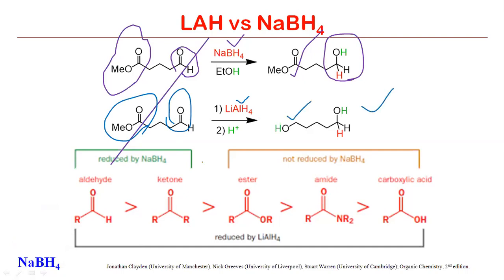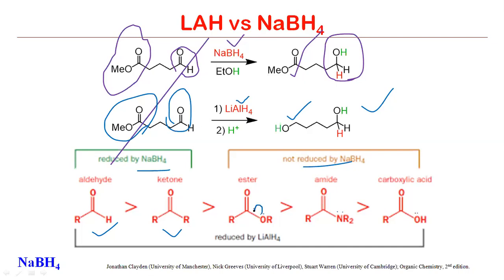As far as the reducing power is concerned, we have discussed that aldehyde and ketone can be easily reduced by sodium borohydride, and the rest can be reduced by lithium aluminum hydride. But because of the resonance stabilization in these molecules, the electrophilicity of the carbonyl carbon is lesser.